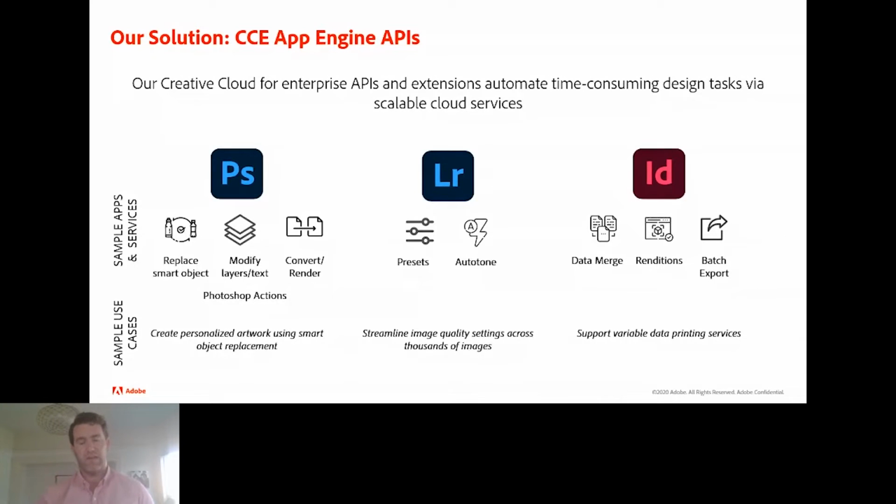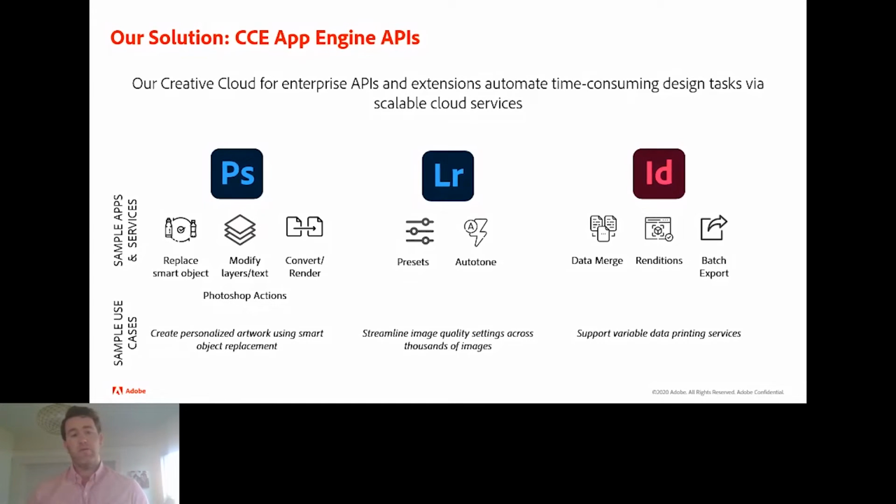and services today are the ability to maybe replace smart objects. Maybe you have an e-commerce website where you have objects that you need to replace. And you can do that today through the use of our Smart Object API. We also have the ability to modify the layers and text within the Photoshop PSD itself.